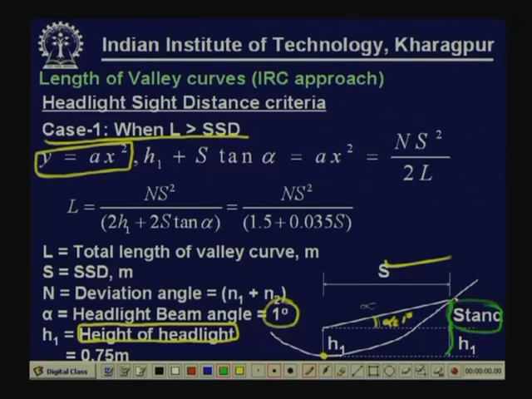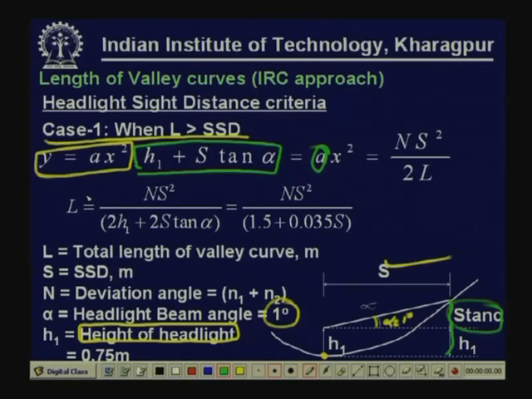So, y is h1 plus s tan alpha, and what is the value of a? Equation is y equal to a x square. A we already know is n by 12, and what is x? X is nothing but the required side distance s. So, from this basic equation we find L equal to n s square by 2 h1 plus 2 s tan alpha.